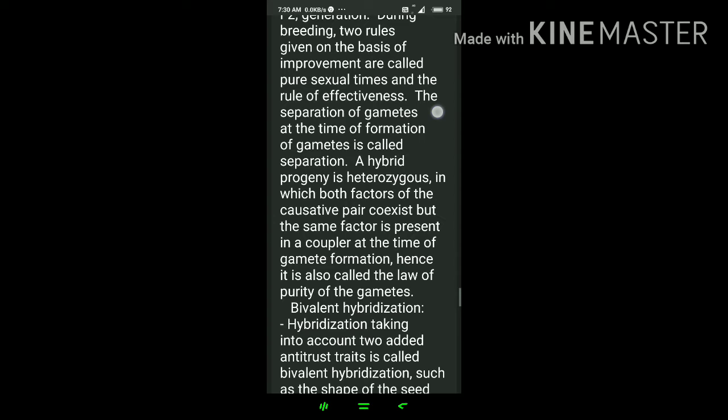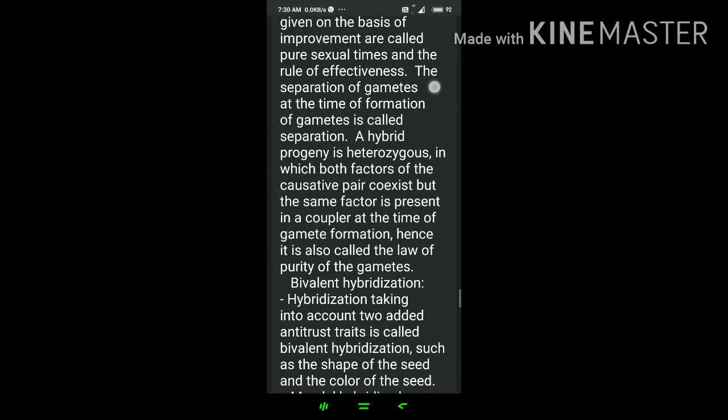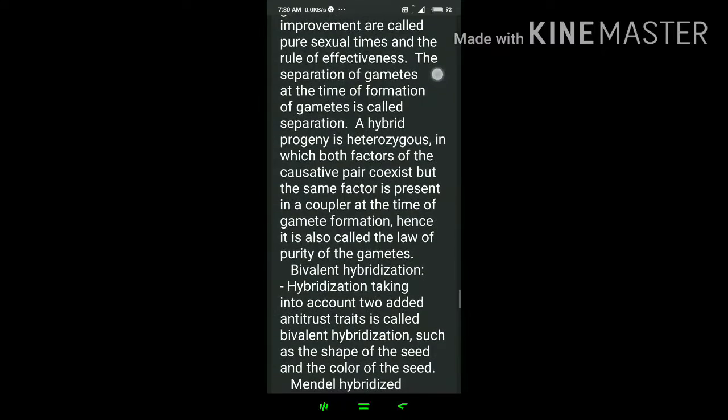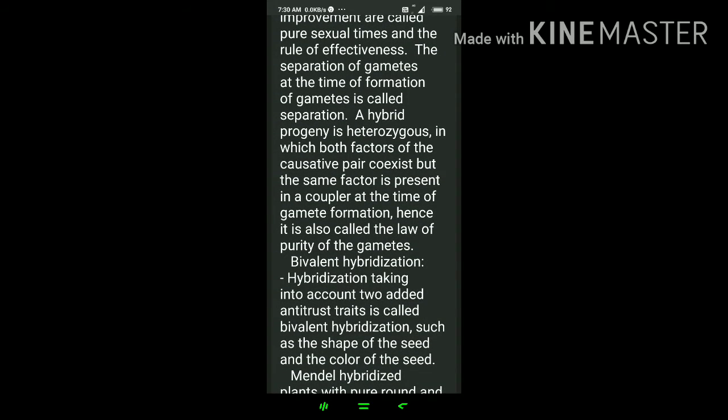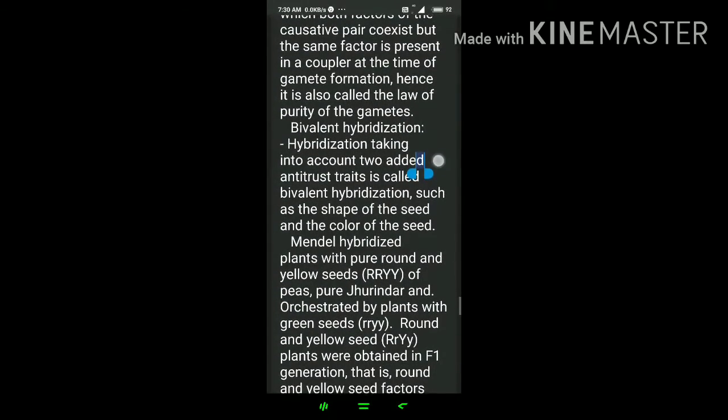Dihybrid hybridization: hybridization taking into account two contrasting traits is called dihybrid hybridization, such as the shape of the seed and the color of the seed. Mendel hybridized plants with pure round and yellow seeds RRYY of peas with pure wrinkled and green seeds rryy.